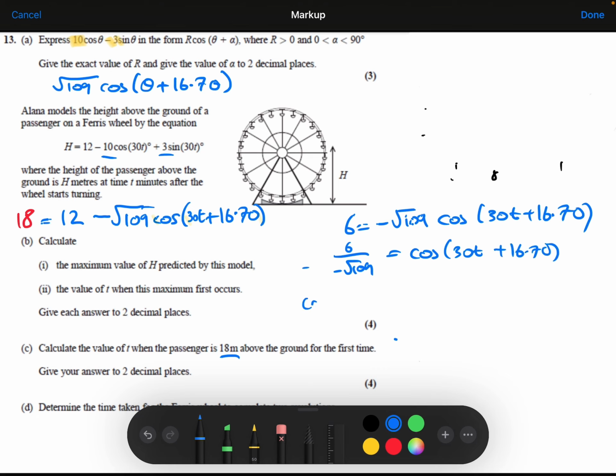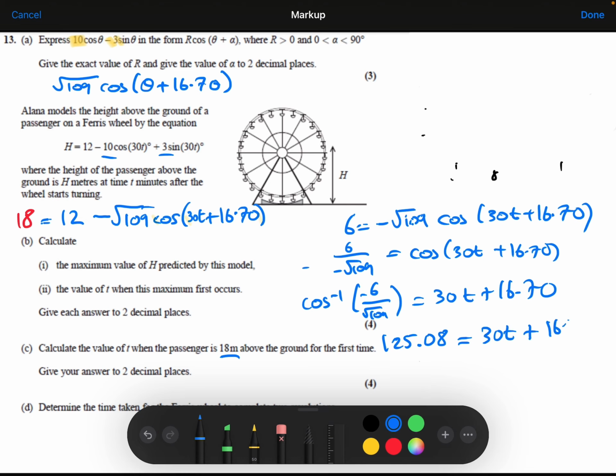I'm then going to do cos inverse of both sides. And when you do that on your calculator, you get 125.08 equals 30t plus 16.7.